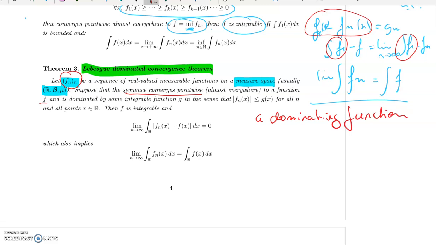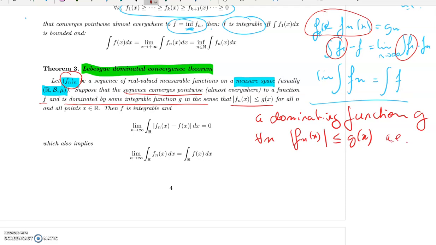How do we say that? We assume that the items of the sequence are dominated by some function g, such that for all n, and that's important, the function fn of x is pointwise smaller or equal to the dominating function g, for all or almost all x.